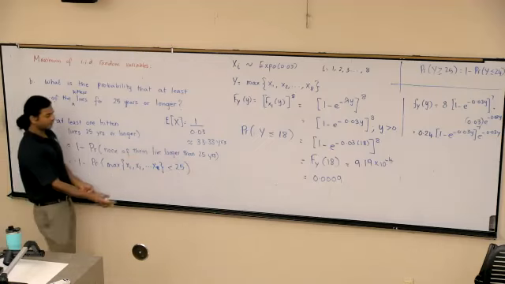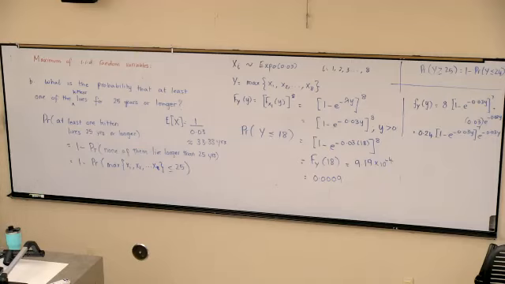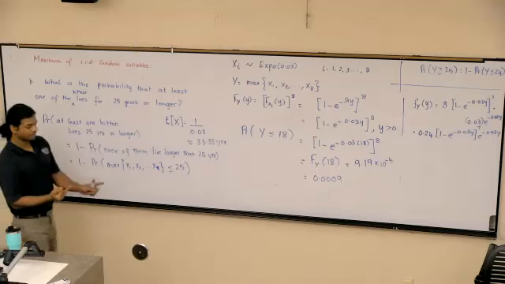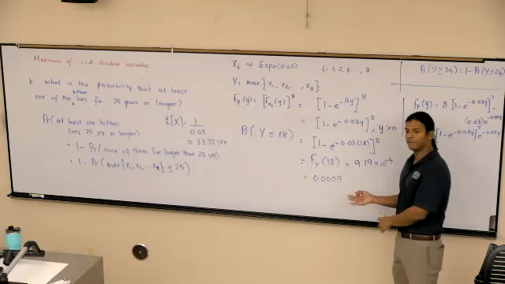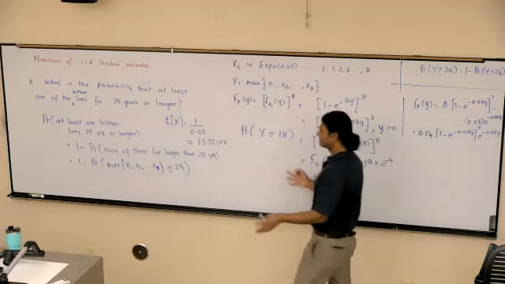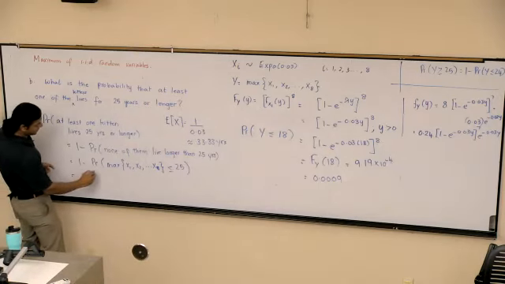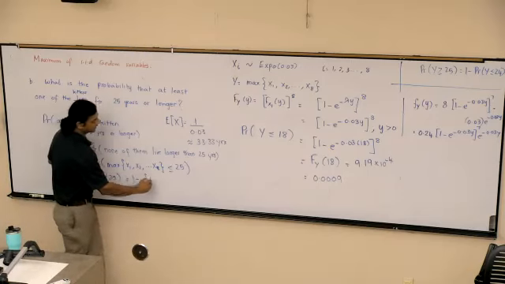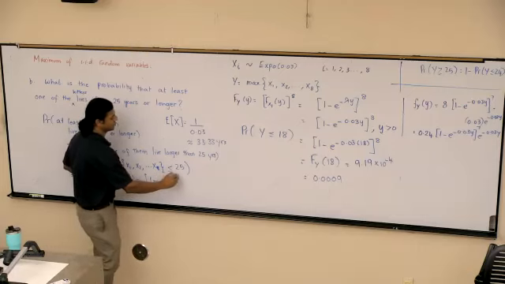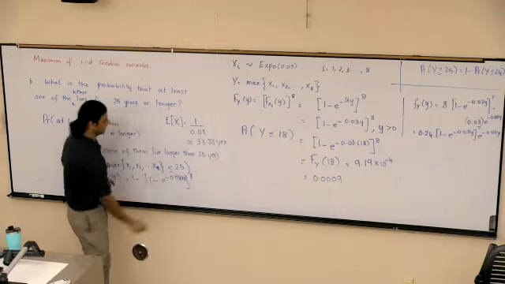Same logic, but instead of using the multiplication rule or converting this problem to a binomial, I'm using the fact that the random variables are independent and identical, and I have the distribution of the maximum of random variables. So all I have to do is 1 minus F_Y of 25, which is 1 minus (1 minus e raised to negative 0.03 y) raised to the 8, where y is 25.